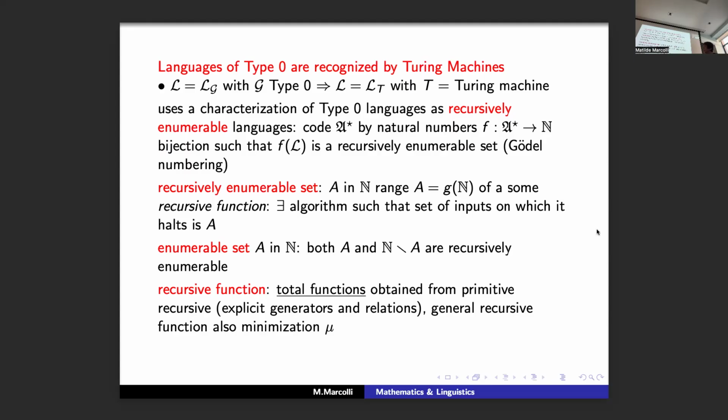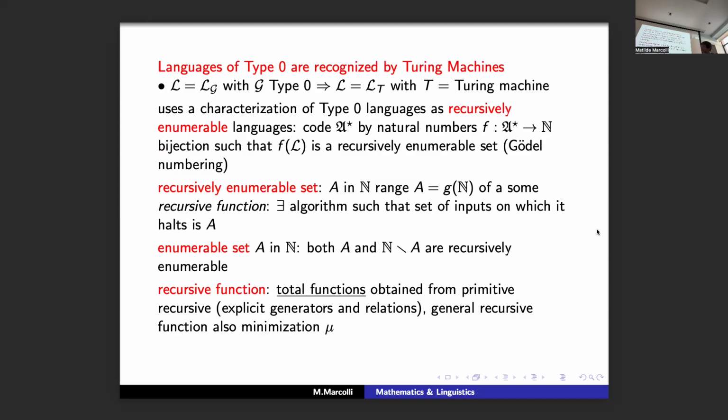A recursively enumerable set is the range in the integers of some recursive function. What it means, in other words, is that there is an algorithm that terminates exactly on the elements of that set.